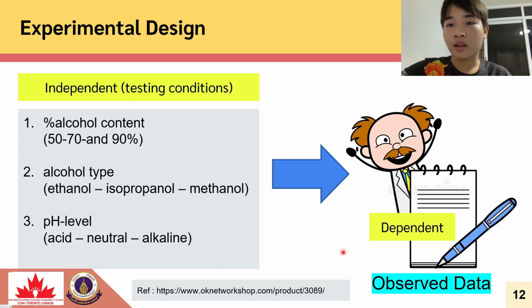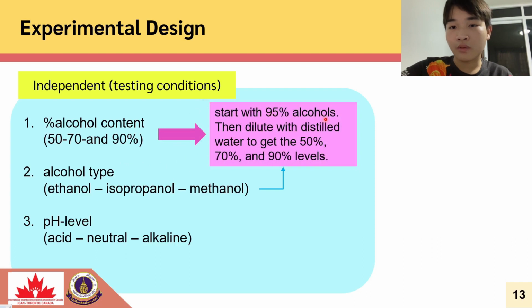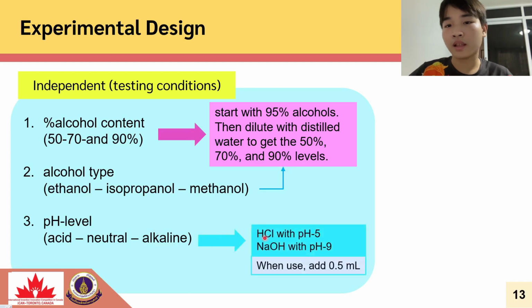Note that to create all testing conditions, we start with 95% alcohol diluted with distilled water to get the 50%, 70%, and 90% levels. On the other hand, we start with hydrochloric acid at pH 1 and gradually dilute with water. We can create hydrochloric acid with pH level 5.